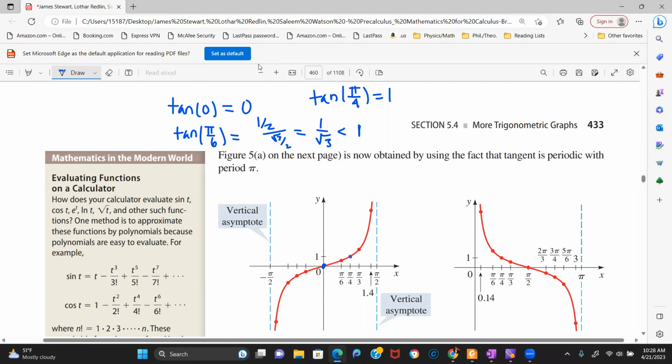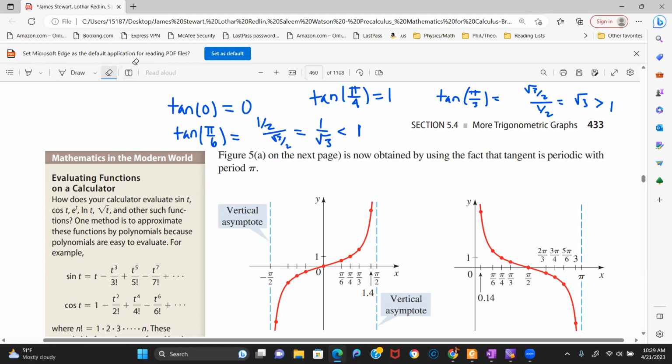Tangent of pi over 4 is equal to 1, and then tangent of pi over 3 is going to be √3 over 2 over 1/2. The 1/2's cancel, and you get √3. So pi over 3 is just a bit bigger than 1, and that's why it's above 1 right there. So you don't actually need to evaluate these at a bunch of values.